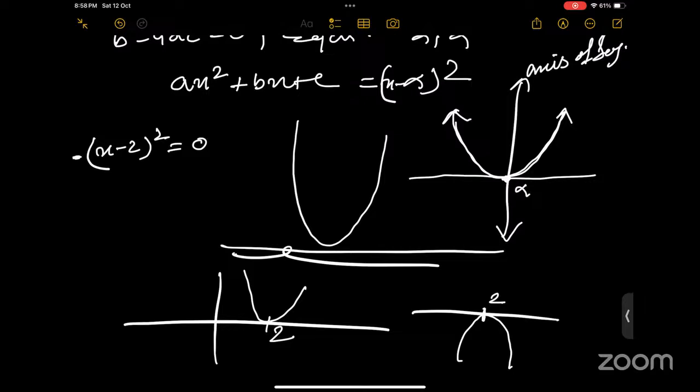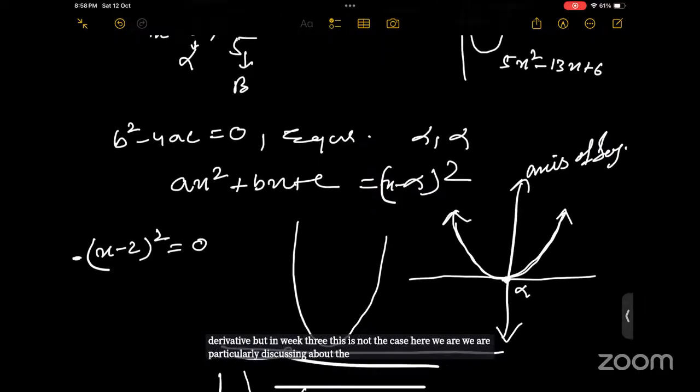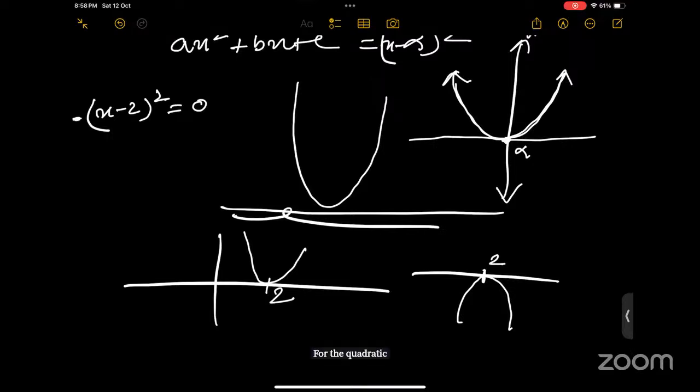Ma'am, can you explain how to compute the maxima of an equation? If we have any equation, then we can compute the maxima with the derivative. But in week 3, this is not the case. Here we are particularly discussing the quadratic equation, that means the parabola.